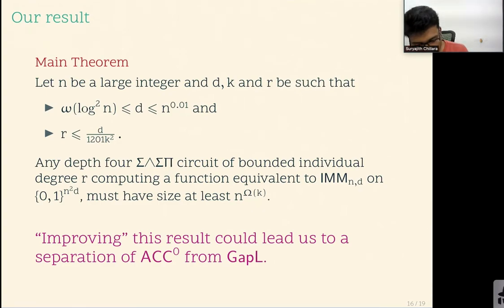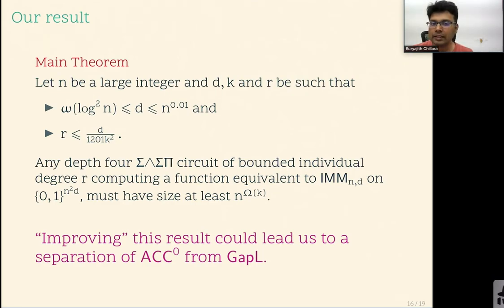If we can improve this theorem for a wider range of r, or make it independent of r, we can prove the separation of AC0 from GapL. Or if we show this for a wider range of r for some other polynomial in a larger class, say sharp P, that could lead to separation of AC0 from sharp P.